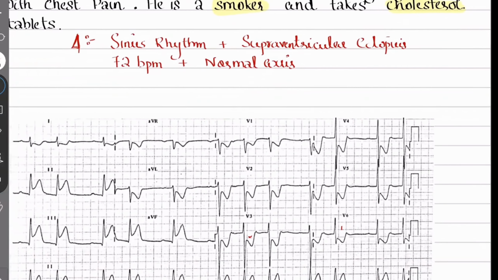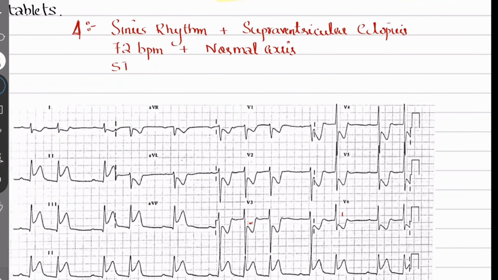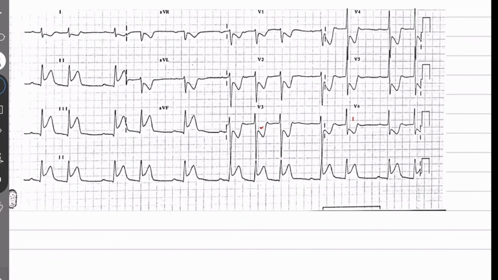We also see some ST elevation in inferior leads. Okay, inferior leads, ST elevation. So this is the inferior lead ST elevation, 2, 3, AVF. Okay, inferior ST elevations.